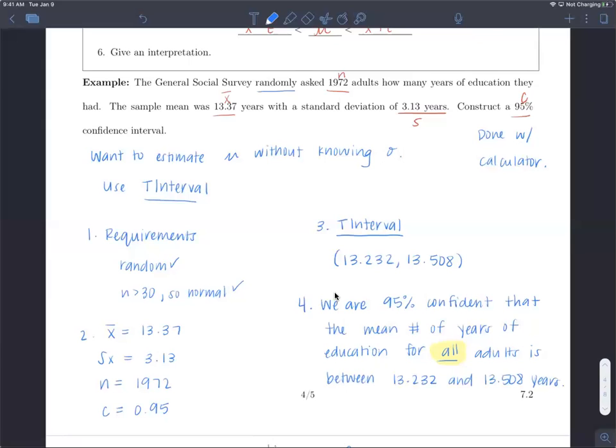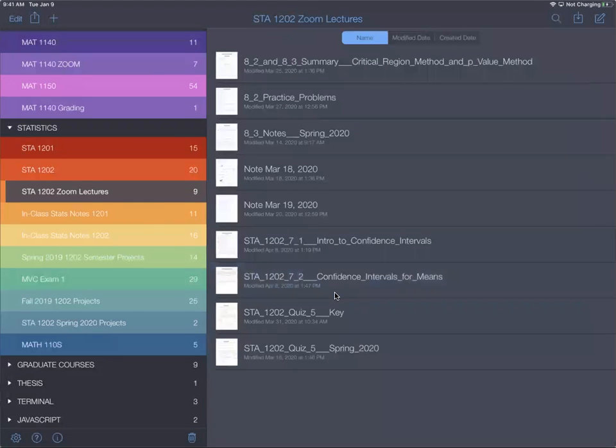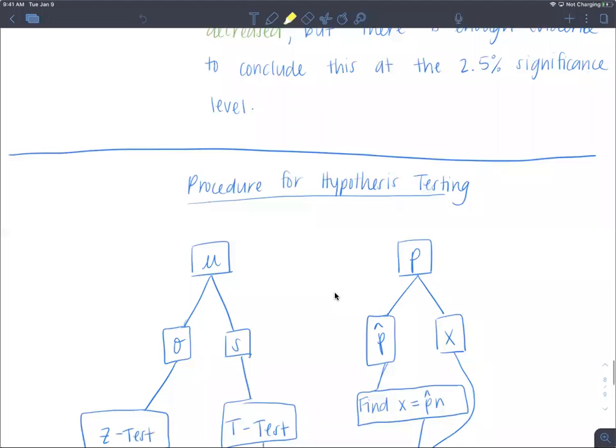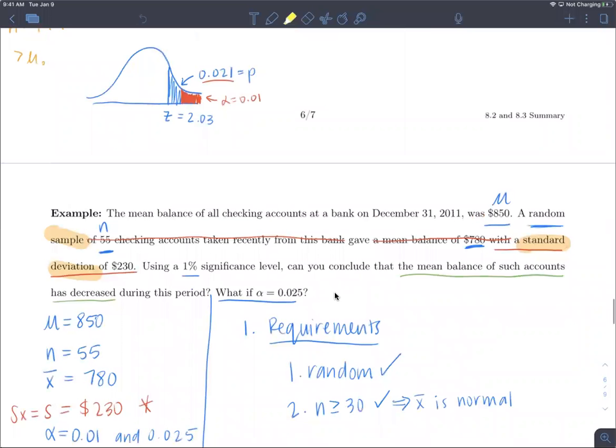Are there any questions about that? When it comes to seeing whether it's a confidence interval or hypothesis testing, will the question say it right out, or will we have to figure it out? Sometimes it will. For both of these, it says construct a confidence interval. But if I go to the 8.2 and 8.3 summary, where we had a bunch of examples, it doesn't say anything about testing.